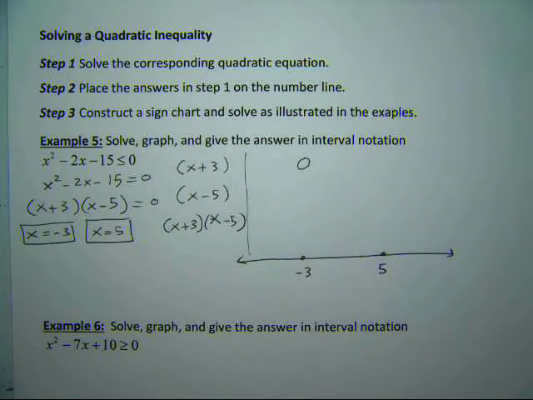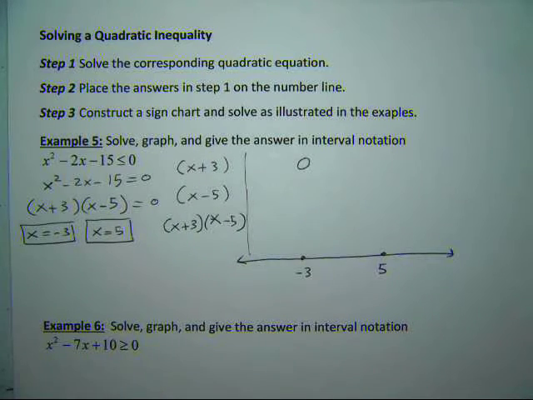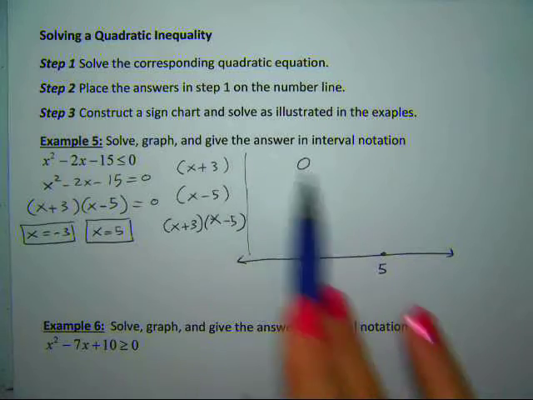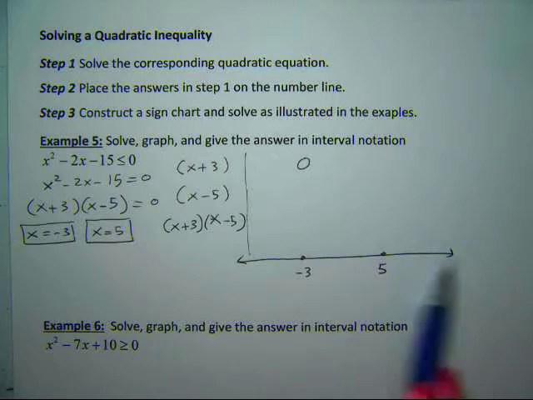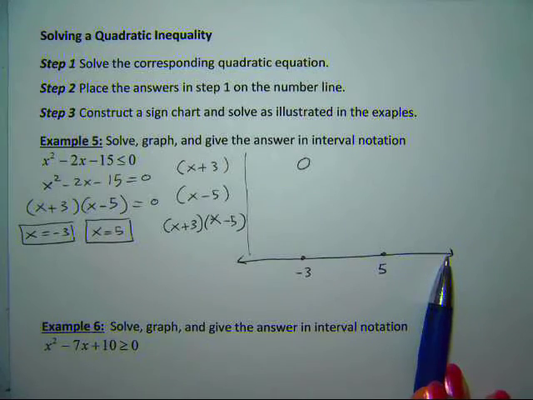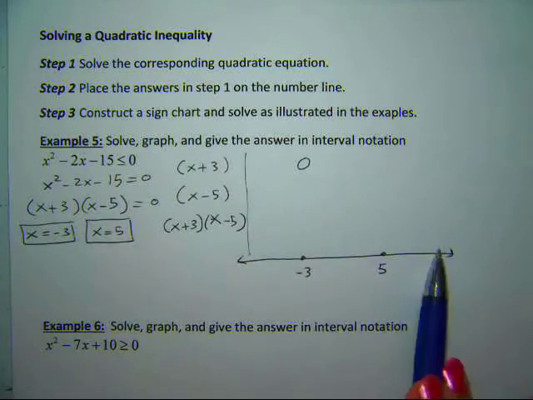Okay? Now, any factor can only be either 0, a positive number, or a negative number. So that means below negative 3 it is something, and above negative 3 could be something else, positive or negative. So we're going to do what we call a testing point. Any point you feel like, either here or here.